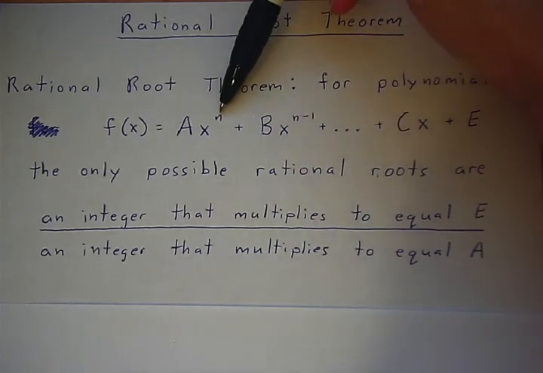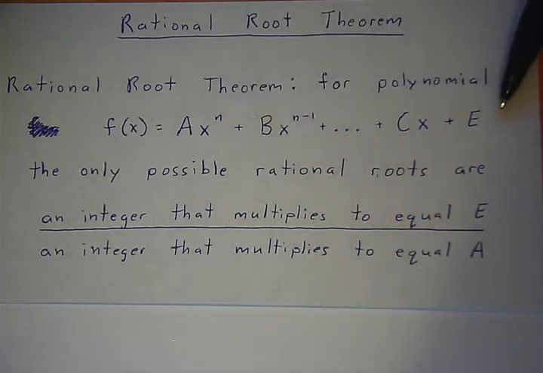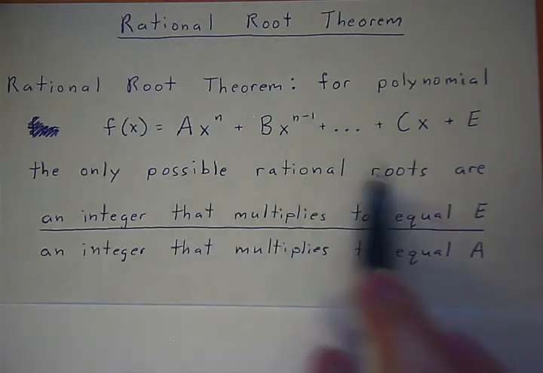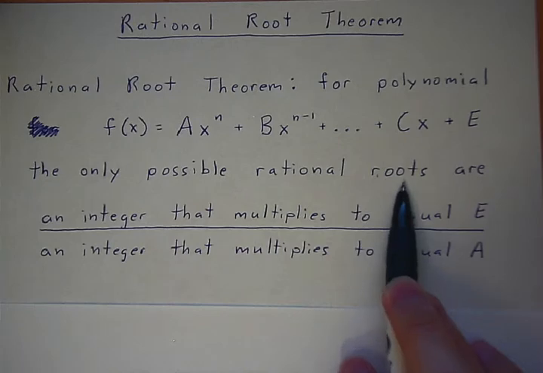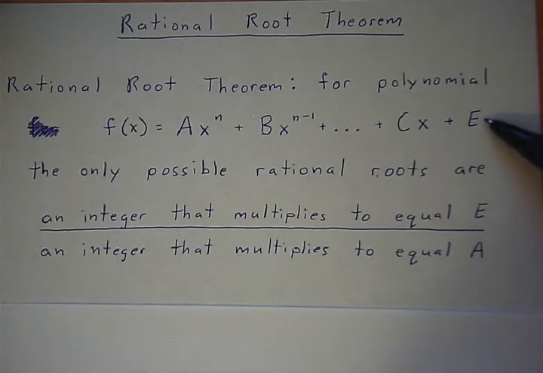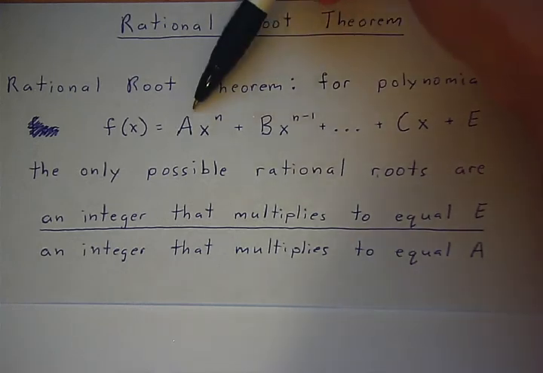For example, if this was x to the 3 power, then this would be x to the 2 power, x to the 1 power, no x's. So if you have this polynomial f of x, then the only possible rational roots is some integer that multiplies to equal e, your constant term, divided by an integer that multiplies to equal a, your leading coefficient.